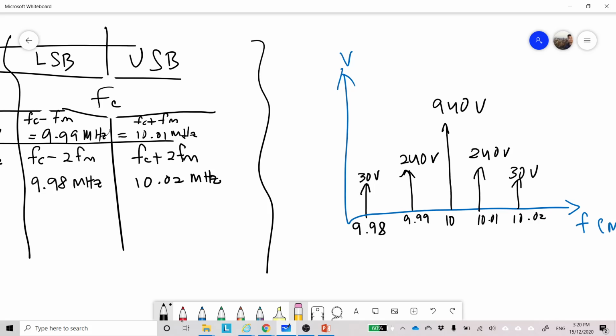Kalau dia cuma tanya general, draw the frequency spectrum, you can put the J parameter. That's it, finish. So back to the question. And then the next question asks about the bandwidth, 99%, and approximate bandwidth by Carson's rule.